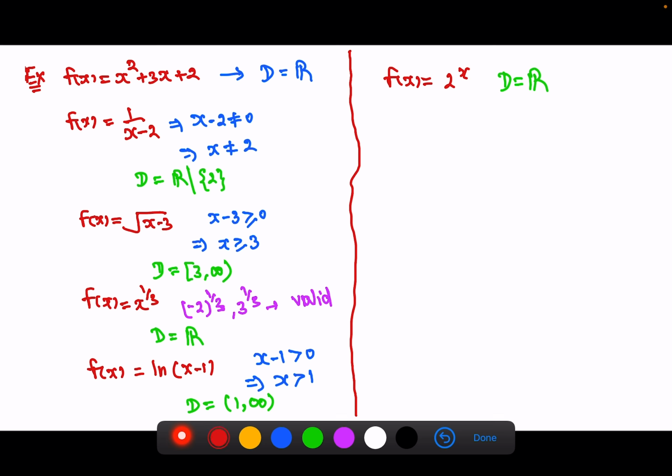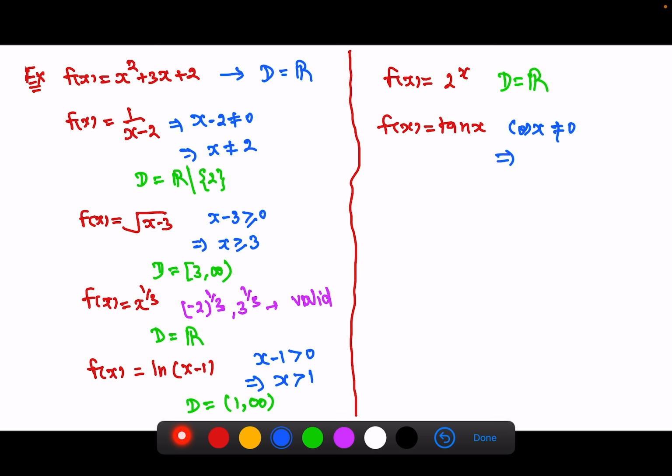Now trigonometric function tan x. So for tan x, domain restriction is cos x must be not equal to 0.